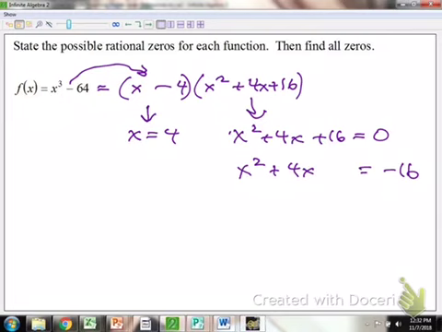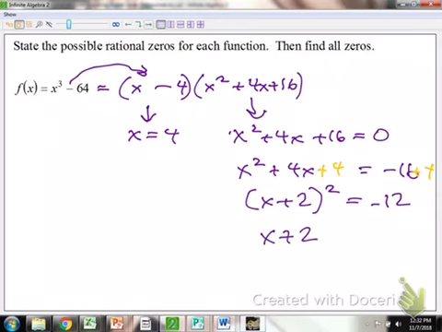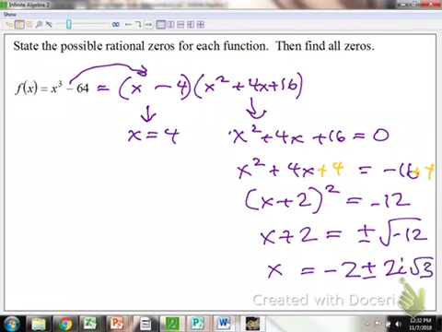So add 4 to both sides, and that's going to give us x plus 2 squared equals -12, which means x plus 2 is both square roots of -12, and the square root of -12 simplifies to be 2i times the square root of 3.